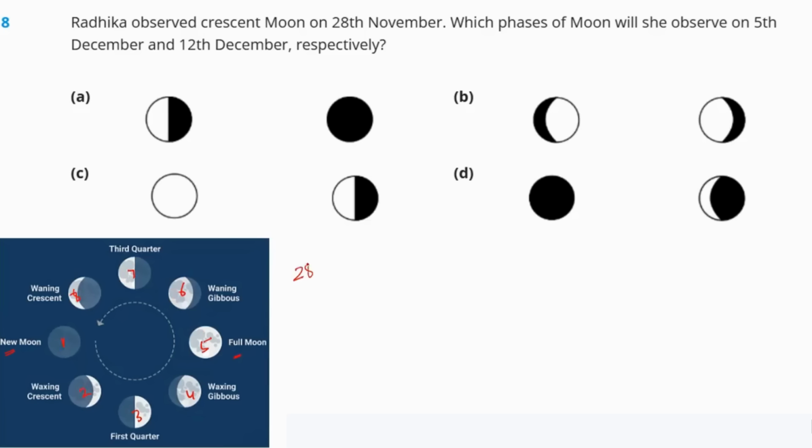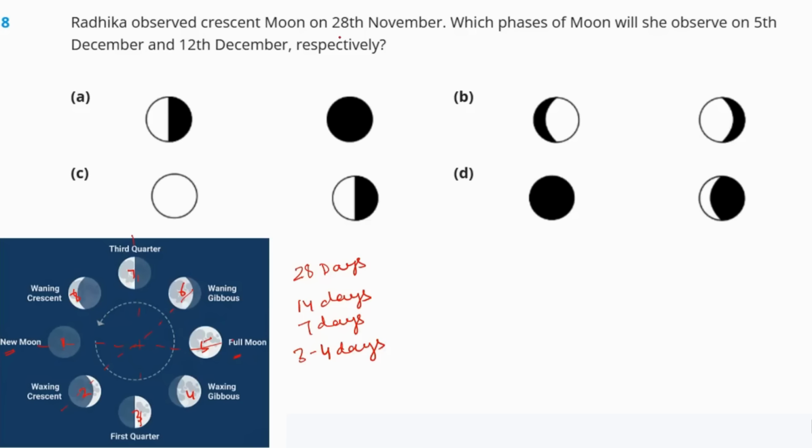The whole cycle takes 28 days, right? Half of it, from here to here, anywhere, would take 14 days, and half of that approximately 7 days, right? So from 1 to 2, it will take between 3 to 4 days. The changes happen on a daily basis, but for a diagrammatic representation, we take 1 to 8 only.